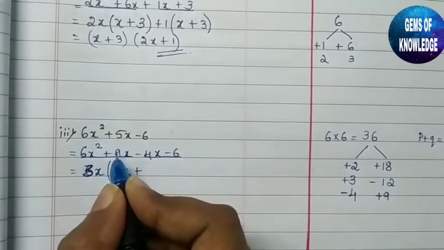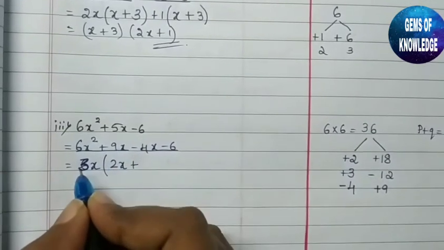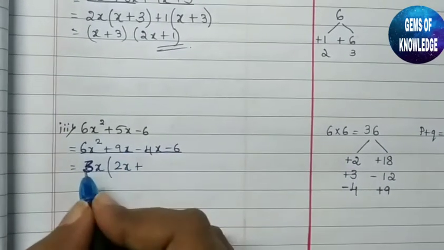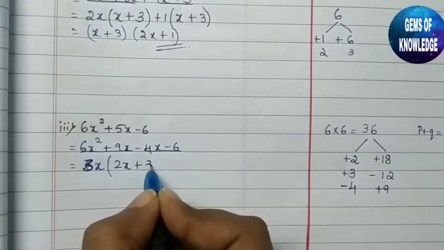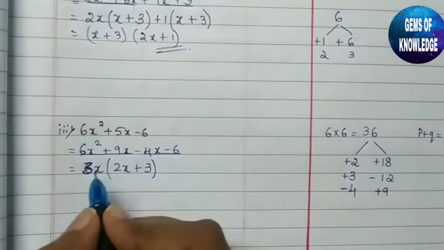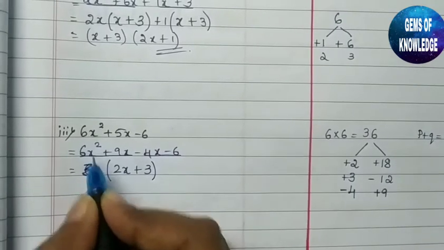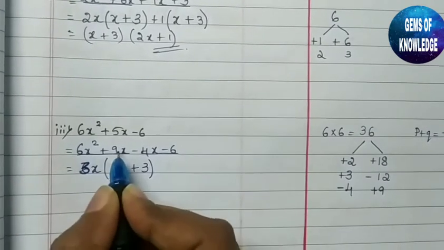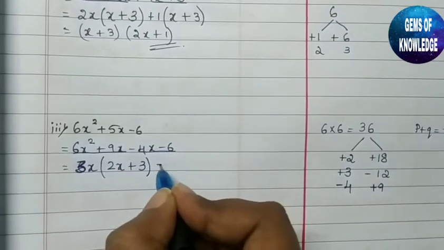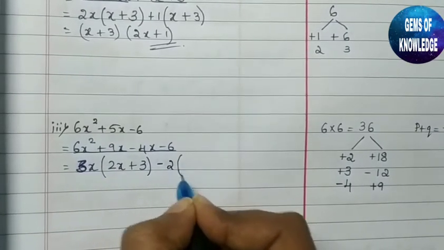So what is remaining here? 9 is there. Out of 9 we have taken 3. Okay. So 3, how much are 9? 3 3s are 9. Okay. What you can see here, 3 2s are 6, and x into x square. Plus 3 3s are 9, and x will be as it is. Minus, let us take 2 common here. Okay.